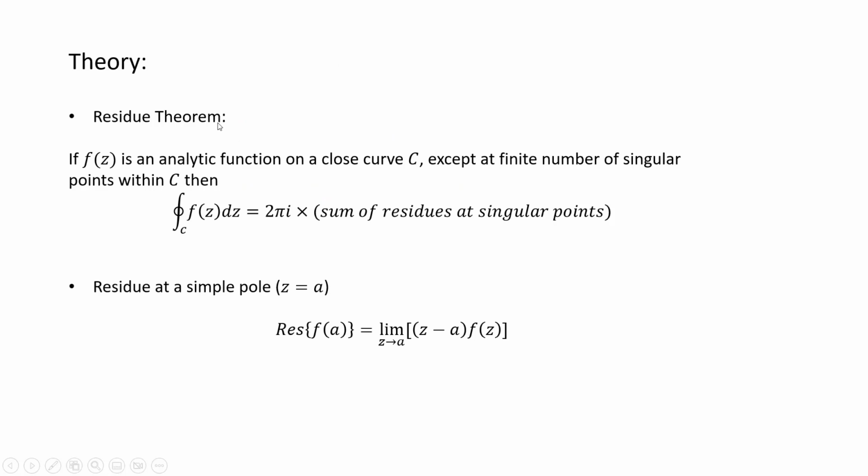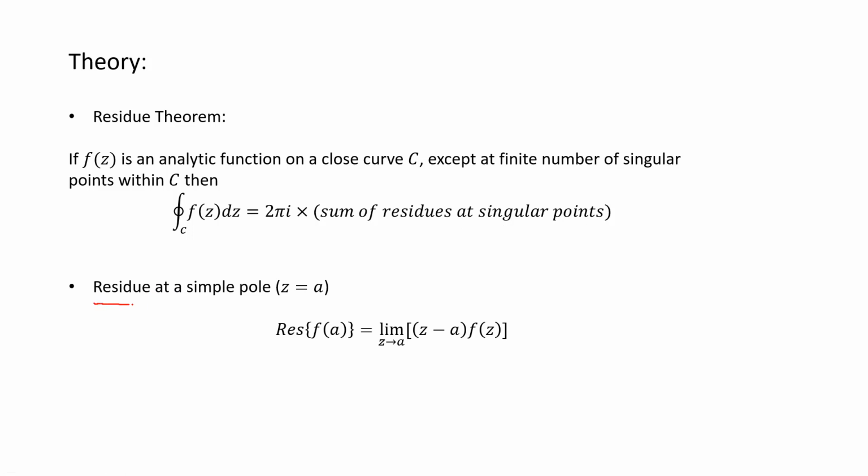Now let's see the theory we need to solve this question. We need to know the residue theorem, which states that if f of z is an analytic function on a closed curve C except at a finite number of singular points within C, then the contour integral of f of z dz is equal to 2 pi i times the sum of residues at the singular points, and these residues are calculated by this expression.